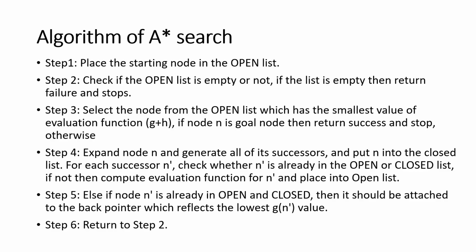If the new g(n') is smaller, then update g(n') and f(n') to reflect the lowest path. Then we go back to step 2 and repeat until a solution is found. The open list means nodes to be explored, the closed list means nodes already expanded, and node selection is always based on minimum f(n).